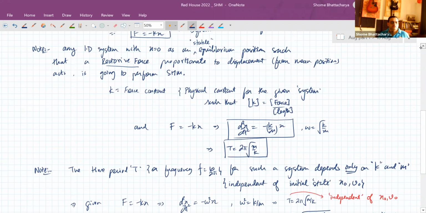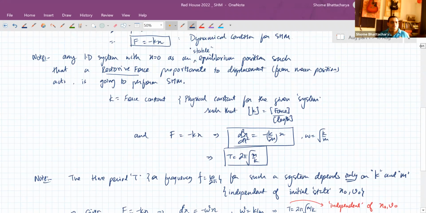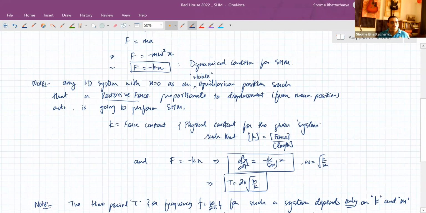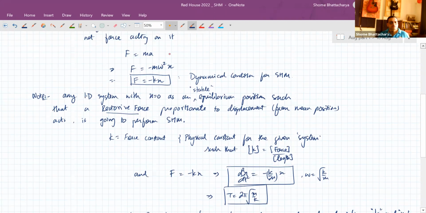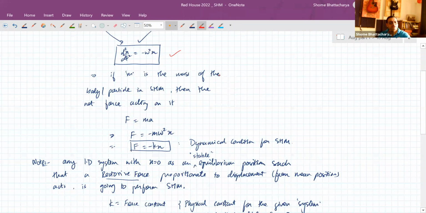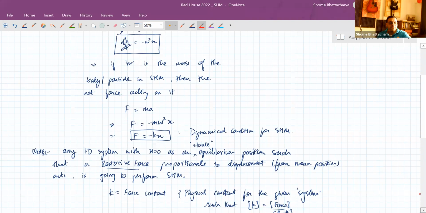So we have seen that the condition for SHM in terms of acceleration we had seen earlier was this: d2x by dt square is minus omega square x. Now if you apply Newton's second law, net force is equal to mass into acceleration. That gives you this condition on force. So that is what the first note is about, Ansh. It's explaining that dynamical condition of SHM.